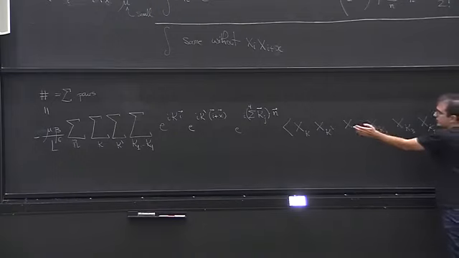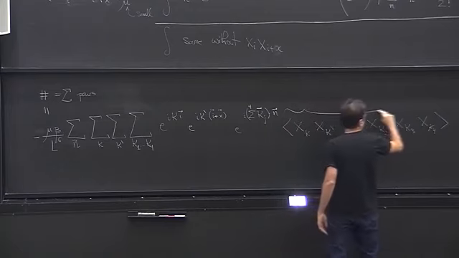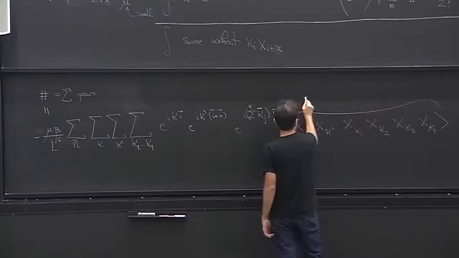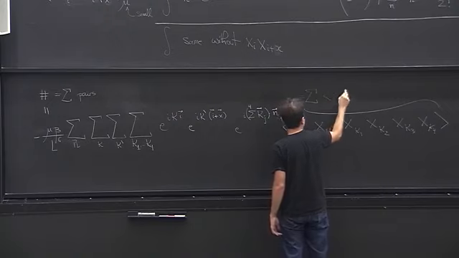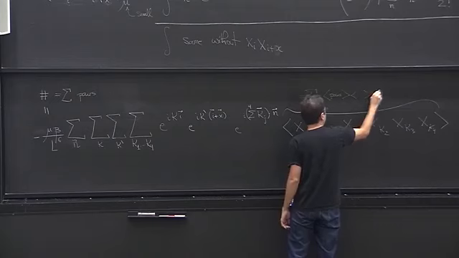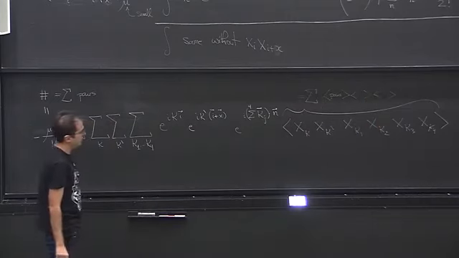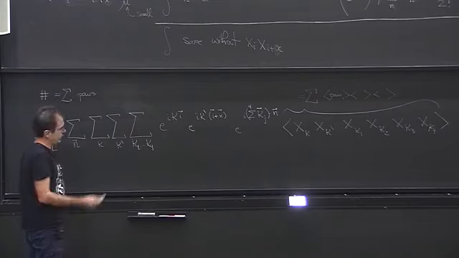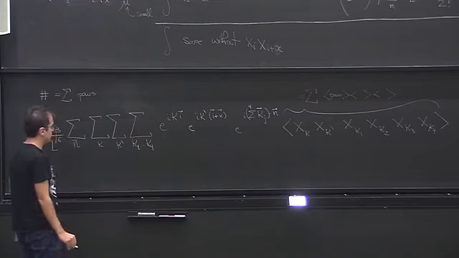Okay, so it's this expectation value here that I want to think as a sum over all these pairs. Right? So each term will be a sum of 3 pairs. There will be 3 pairs of propagators, and I sum over all possible ways of making pairs of these guys.